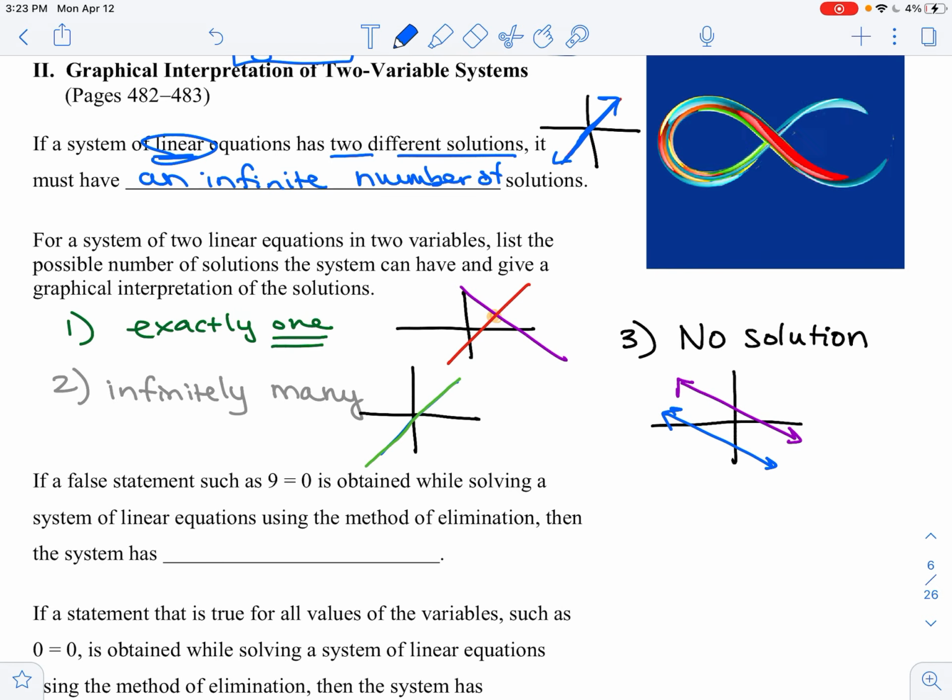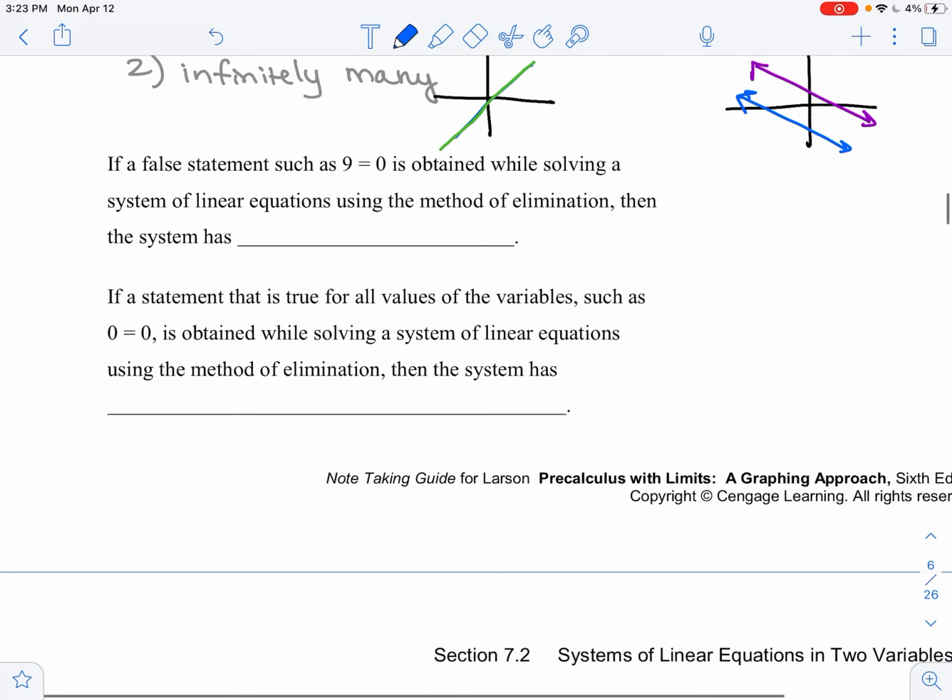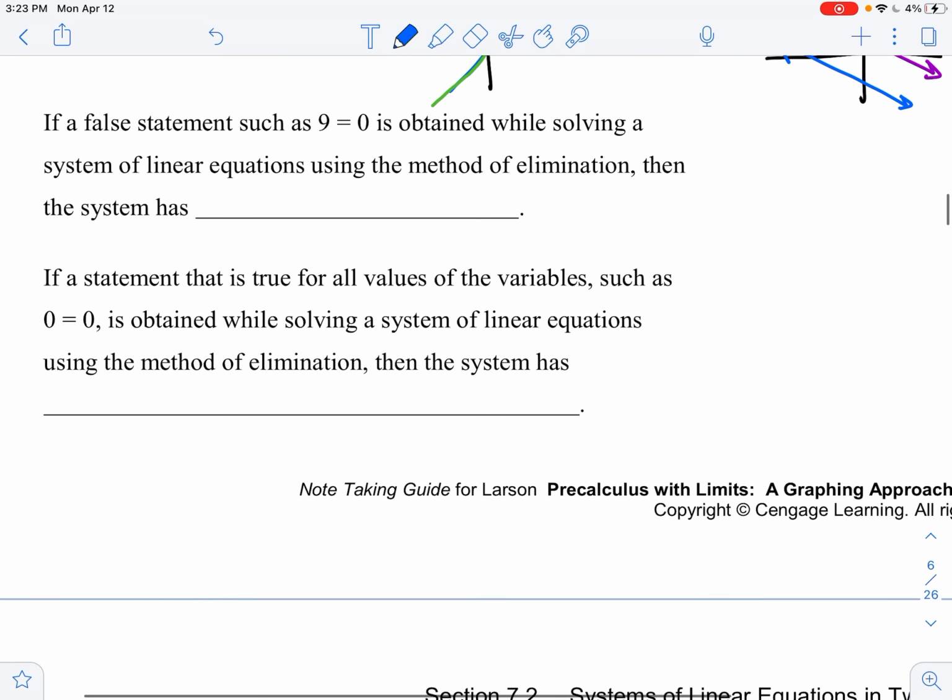Okay, so let's say you're solving using elimination, and you get a false statement, such as 9 equals 0, which of course it's not. When we get down to the bottom of it and this is our last statement, 9 equals 0, we know that can't be true, so we say this has no solution.